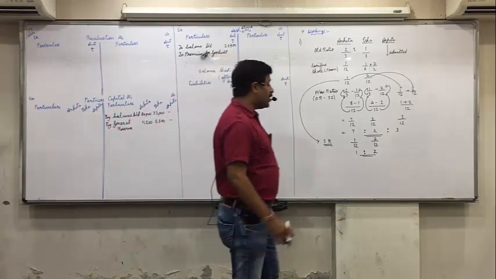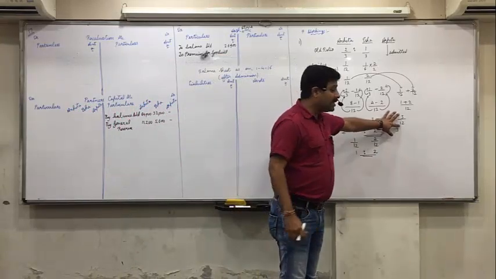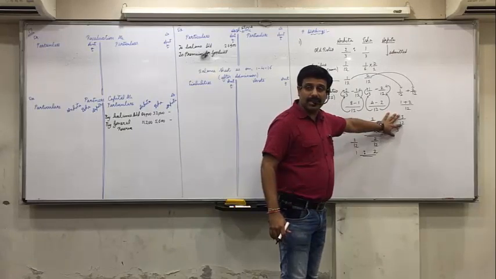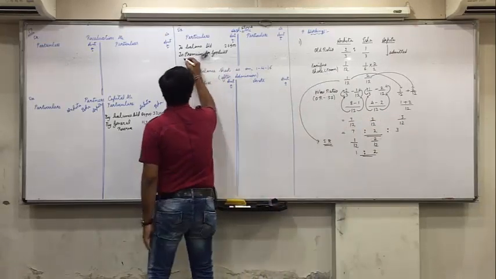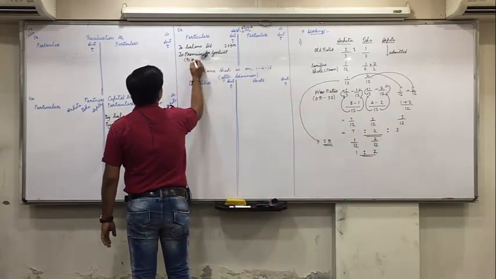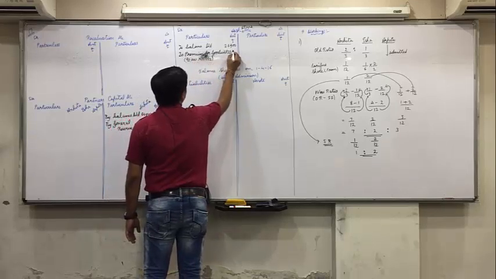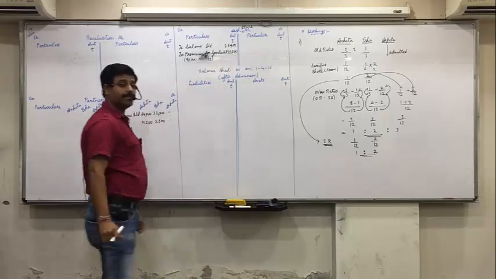Now total goodwill's value is 90,000 and her share is 3 by 12. See here in the working, new partner's share is 3 by 12. So 90,000 into 3 by 12, 22,500 she will bring for goodwill.